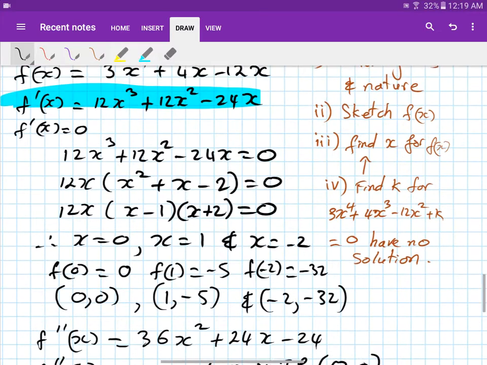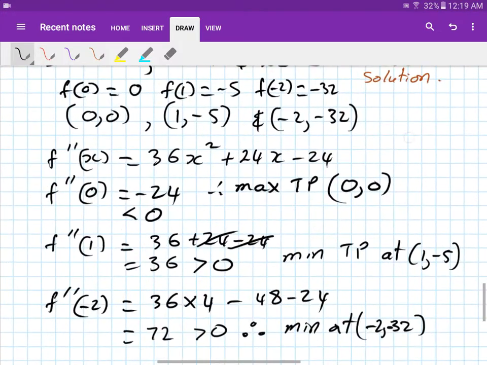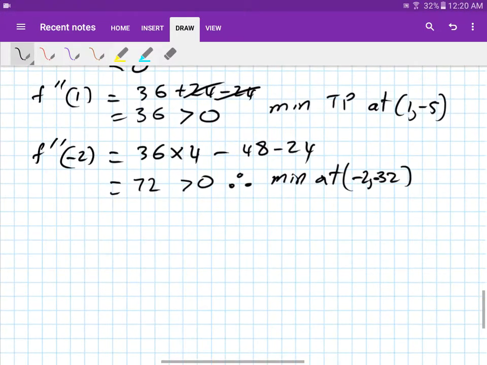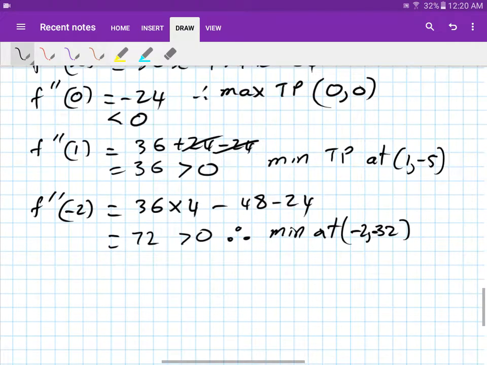So I got all these points already. Now part 2, we have to sketch it. To sketch it, we have to know all these points: (0, 0), (1, -5), (-2, -32), and the y-intercept is (0, 0) as well. We're not required to do the x-intercept. So we just go ahead with this.